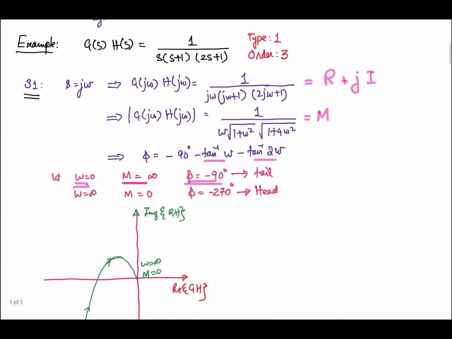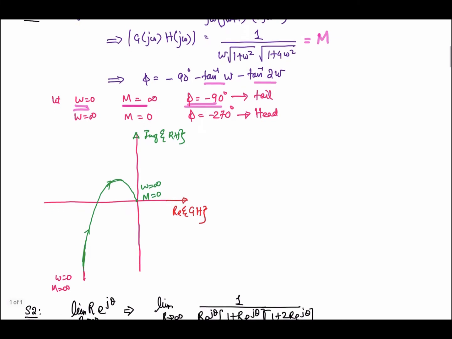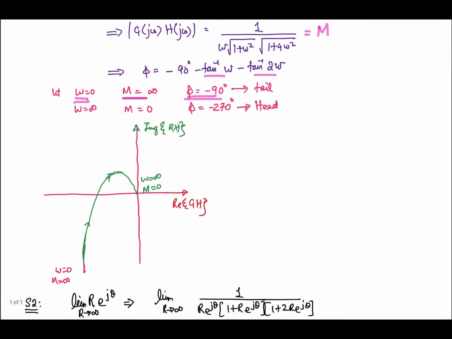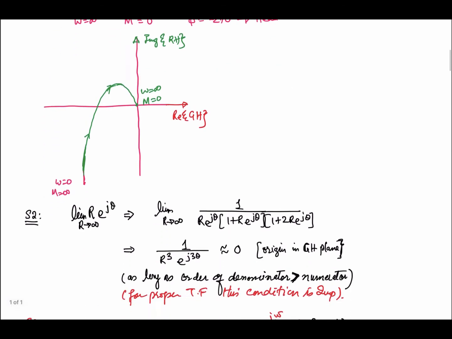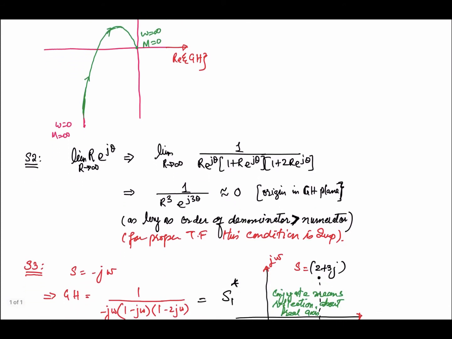Okay, so if the frequency is varied from 0 to infinity, we have simply the polar plot that we have already discussed in the previous videos. So for the first portion of the contour that is selected in the S plane, we have this plot. Now the second portion is basically a semicircle. So the equation of the semicircle is this one. It's an infinite semicircle, and in this theta is going to vary from pi by 2 to minus pi by 2.